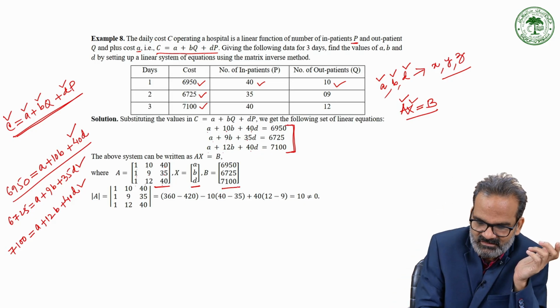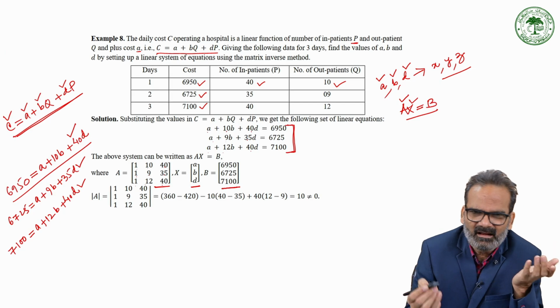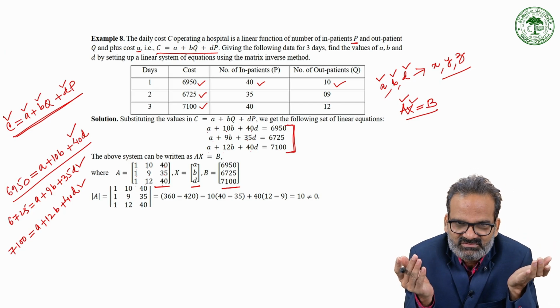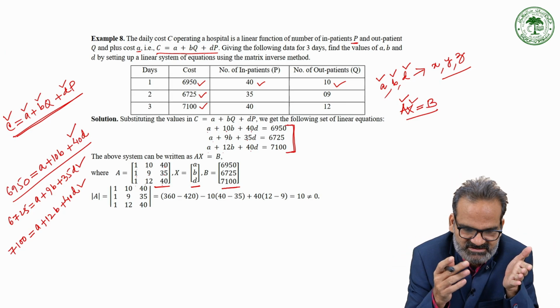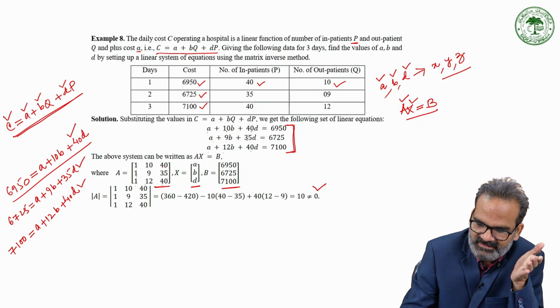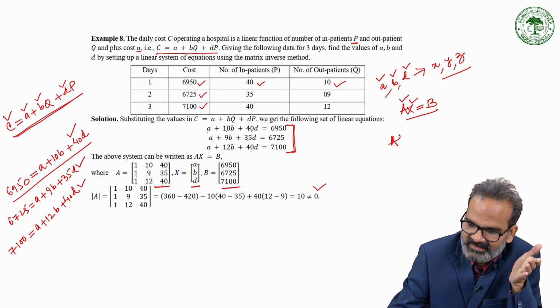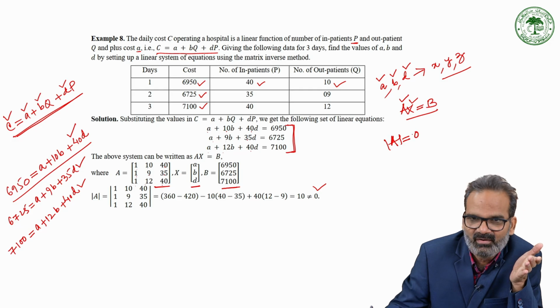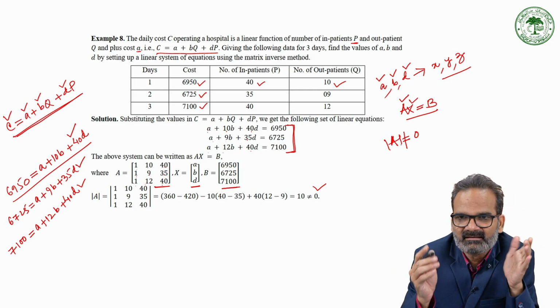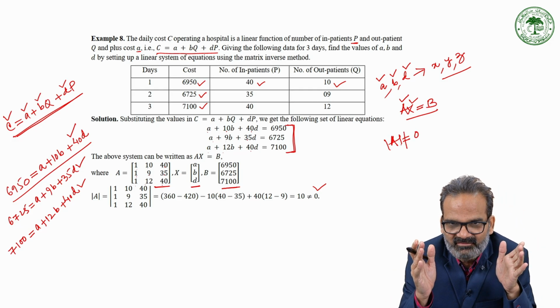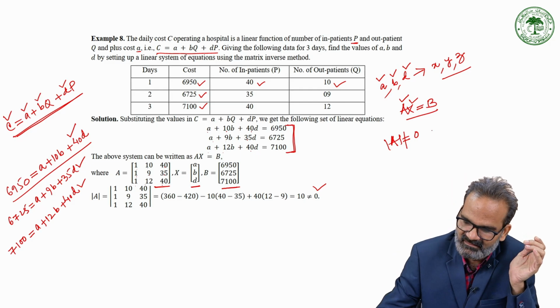B is the constant quantities at the right hand side. Now, I hope you can find its solution yourself. First, find its determinant. Its determinant comes out to be 10. And if the determinant of A is not equal to 0, it shows that the system has a unique solution, which is given by X equals A inverse B.